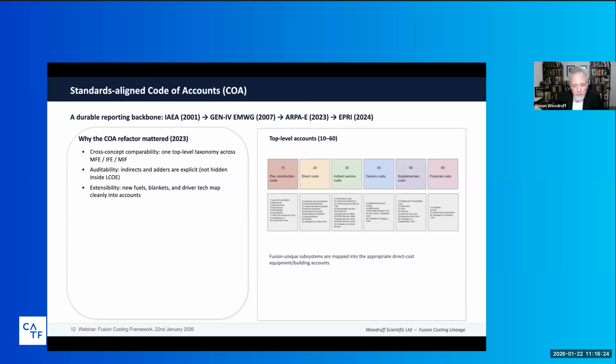So what do the cost accounts look like? Like I say, they're super standardized. There are multiple references, and we've deliberately chosen the IAEA cost accounts because they're super well documented and were adopted by Gen 4 in 2007. So we deliberately chose those so that we could draw from the major source of literature.